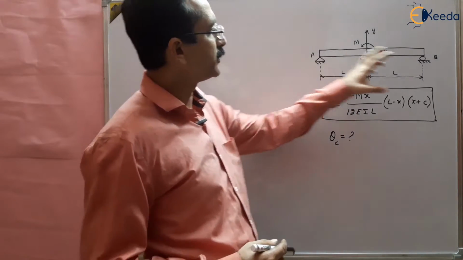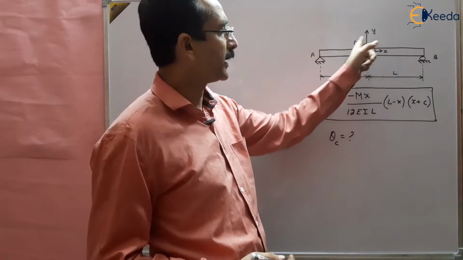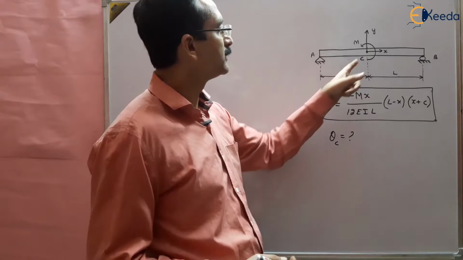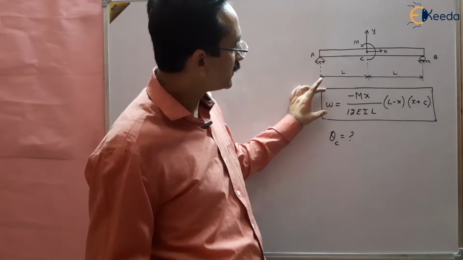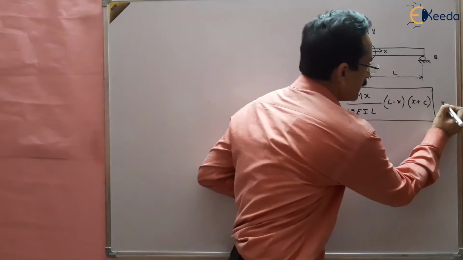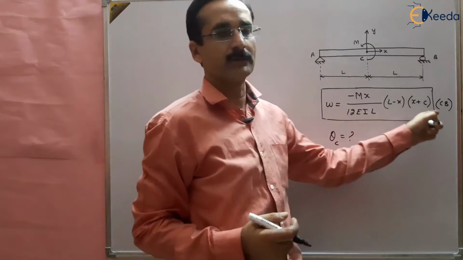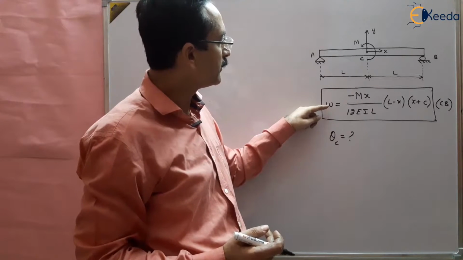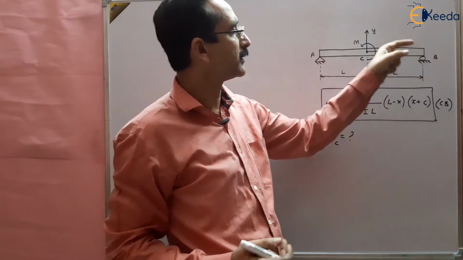We have a simply supported beam AB, and a moment is applied at the center, at a distance L from one of the ends. The deflection equation is valid for the CB part, where W is the deflection and x is taken from the center in the rightward direction.